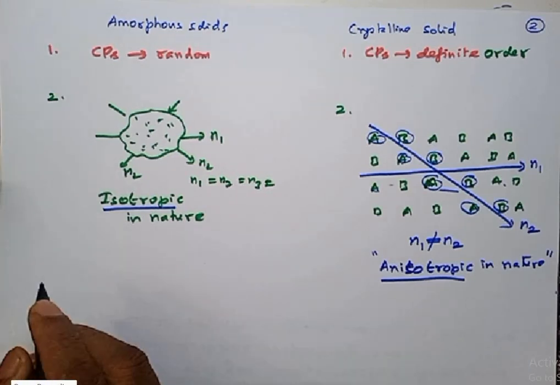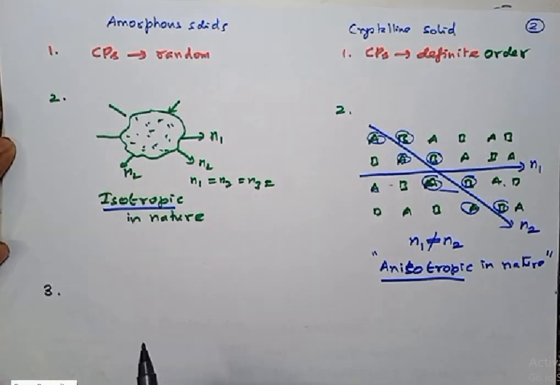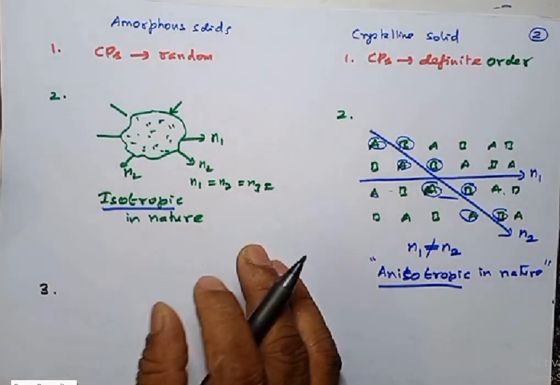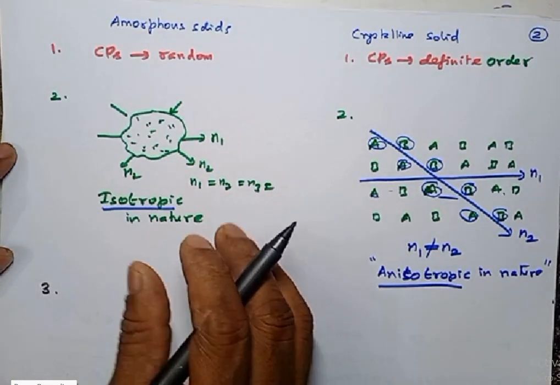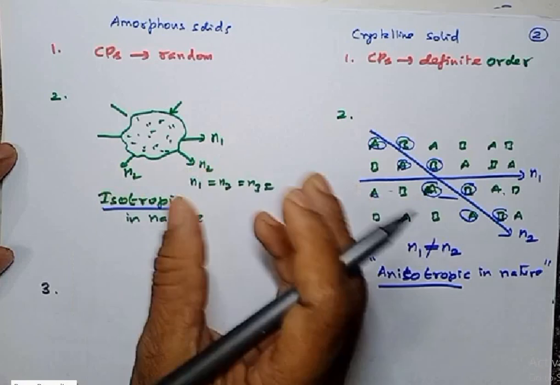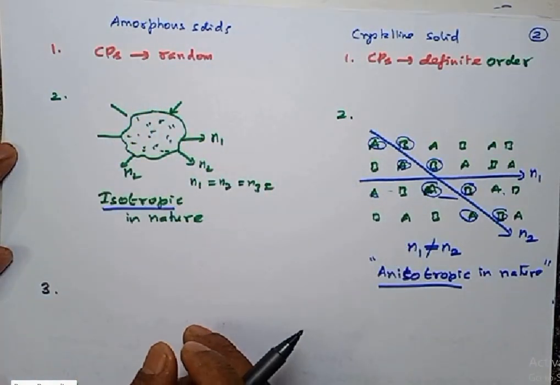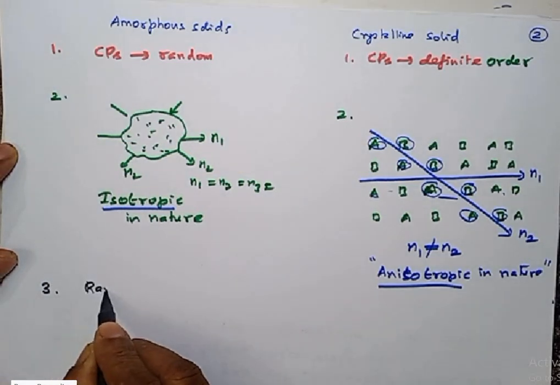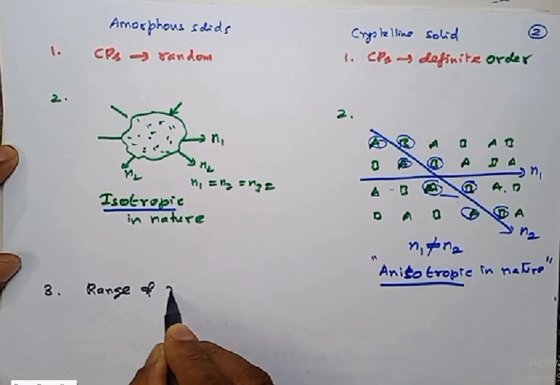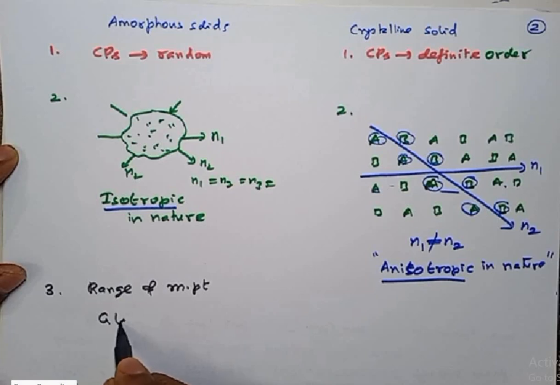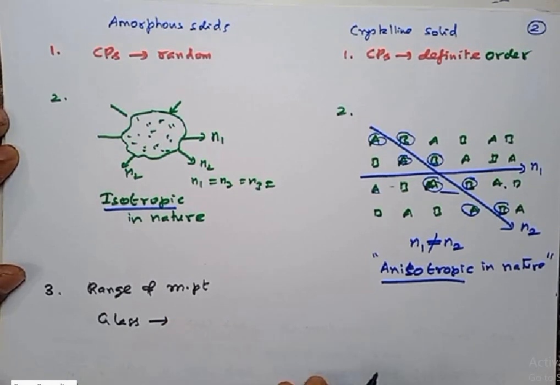And this is another important characteristic property of amorphous solids. They do not have a sharp melting point; we provide the melting point of an amorphous solid as a range. I'll write MPT, meaning melting point. Suppose we take some glass; usually glasses are amorphous.